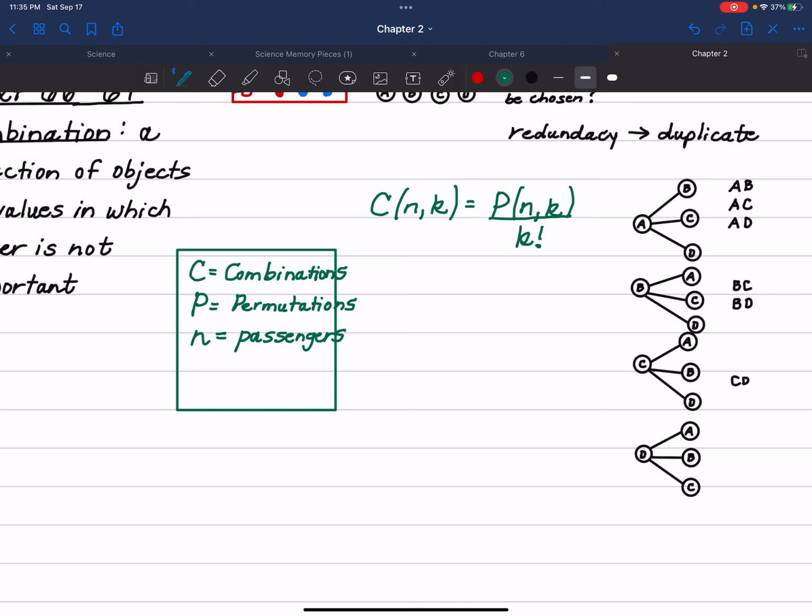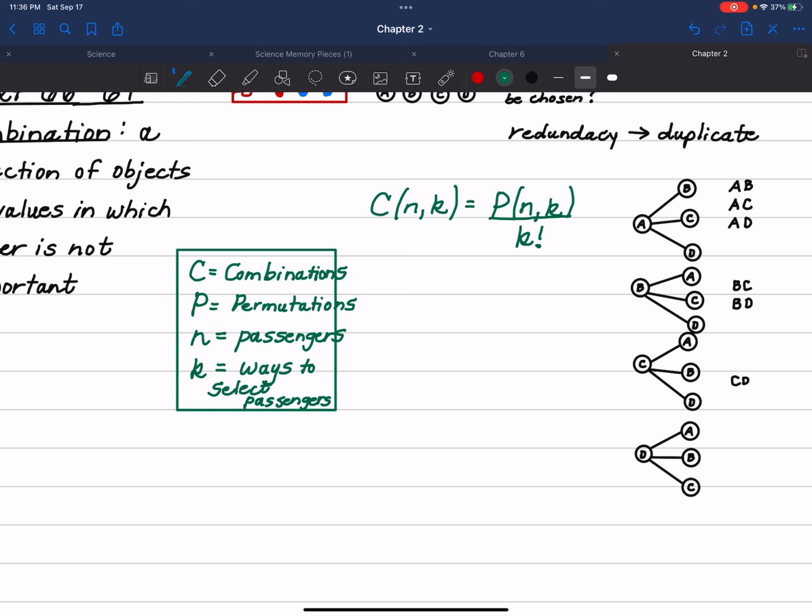And K is going to be the number of ways the passengers can be selected. So let's set up this formula and see what we get mathematically.